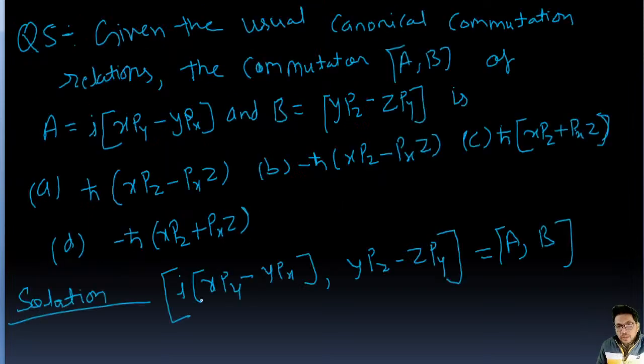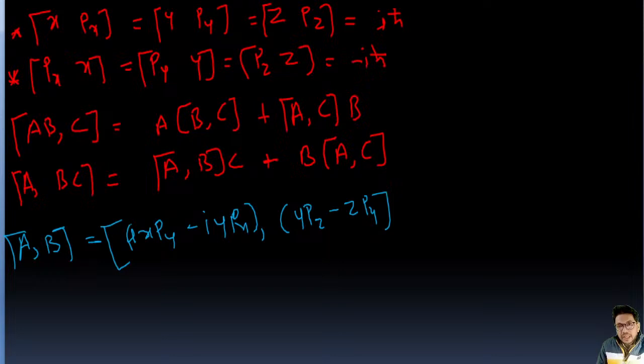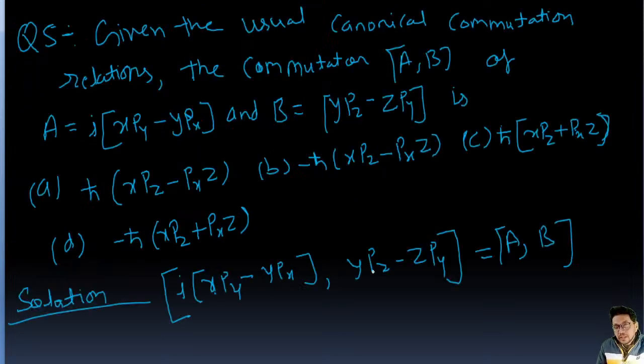I have multiplied iota with this, iota with this. So iota xpy minus iota ypx, ypz minus zpy.